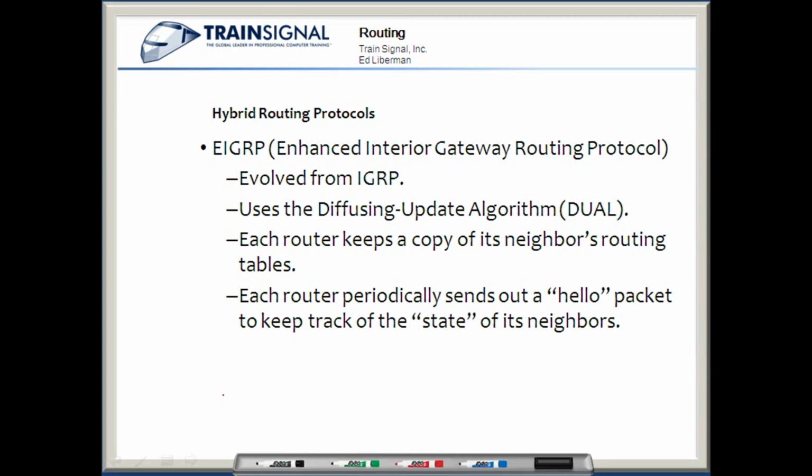But basically the way it works is that each router keeps a copy of its neighbor's routing tables so as to kind of work a little bit like a distance vector routing protocol, where it's kind of communicating with its neighbors and keeping track of their routing tables. And to be more specific, if a router using this protocol can't figure out how or where to send a packet, then it will query those neighbors in an attempt to discover an appropriate route.